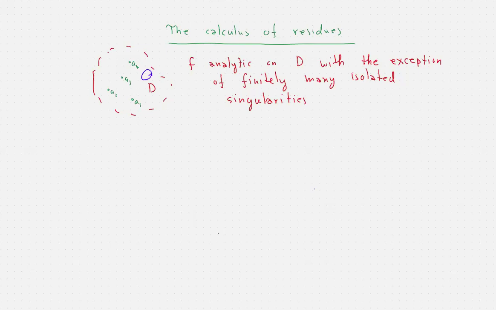And one of the most important theorems in elementary complex analysis implies that if the interior of the path does not contain any singularities, so if C is a path with no singularities in its interior, then the integral of our function along that path is 0.